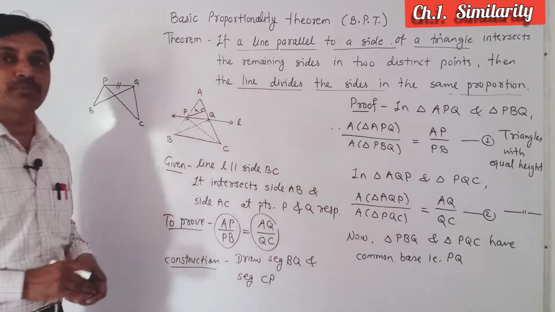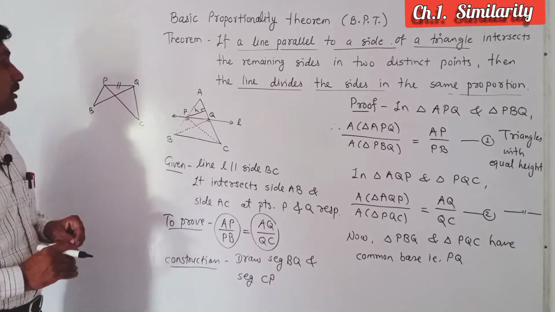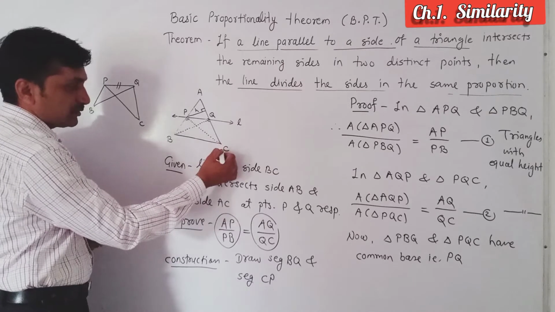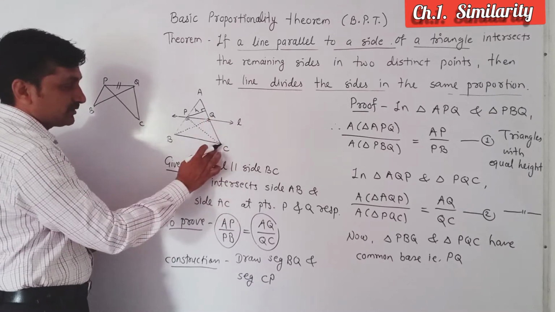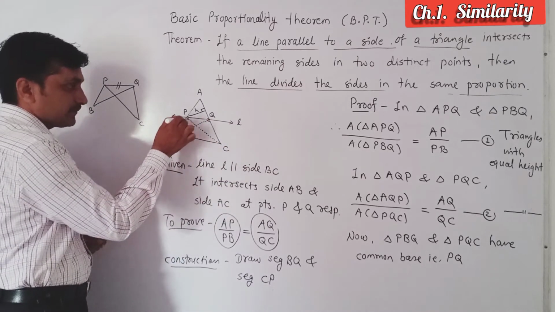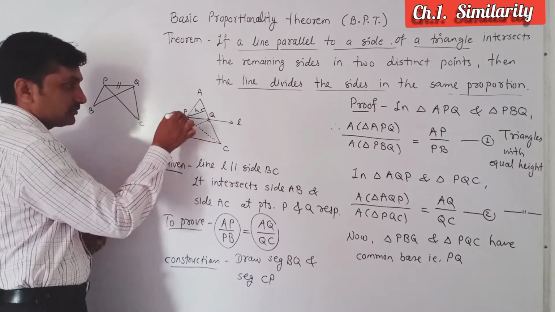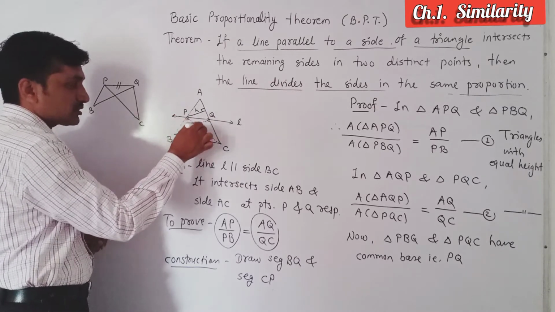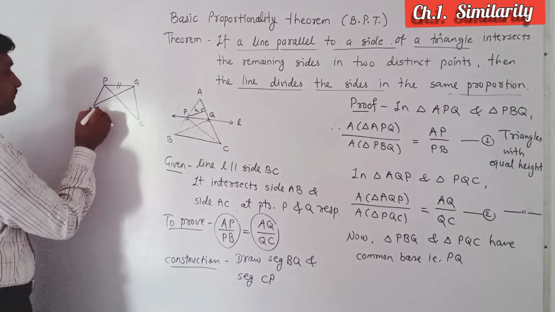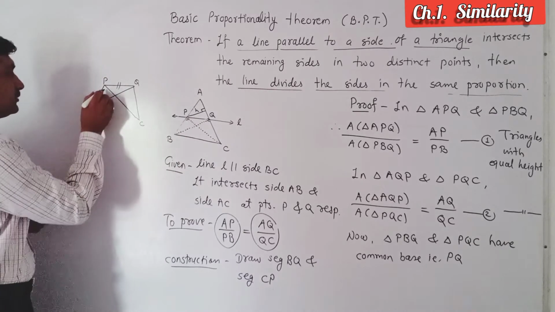These two triangles have common base PQ, and it is parallel to BC. Line L is parallel to BC. Therefore, if we draw the height in this triangle and in this triangle, see, these are parallel.